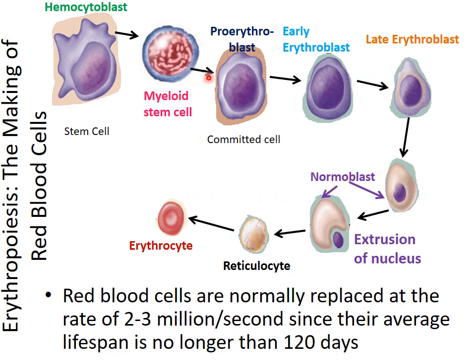Of course, it is the size of the cell. The size is very big in the stem cell, and when you look at the erythrocyte, the size becomes smaller.